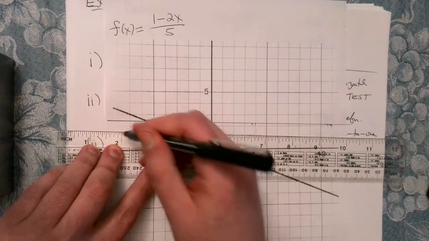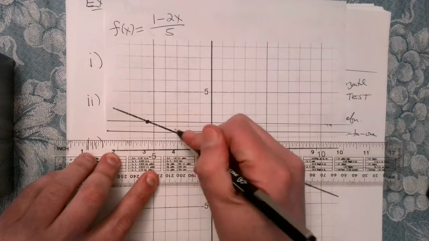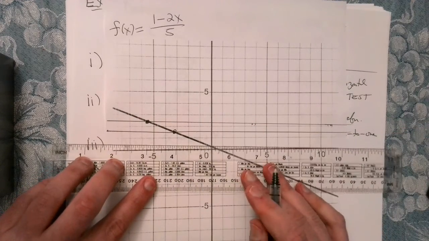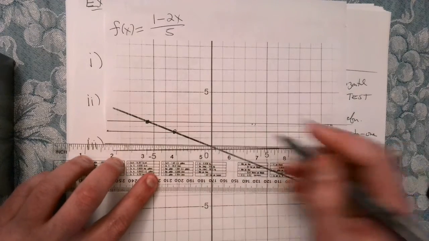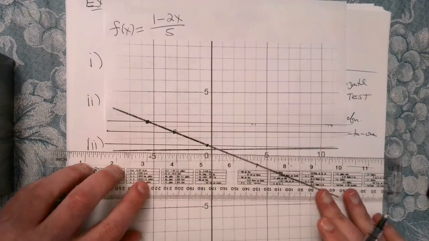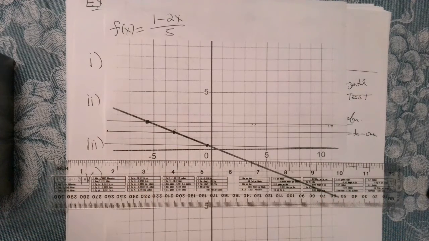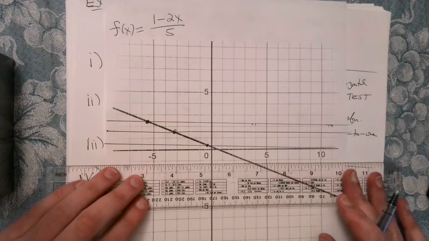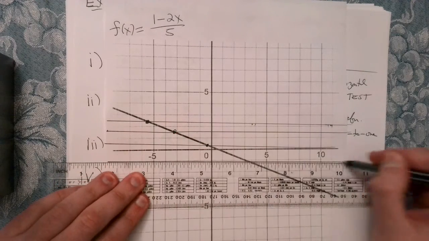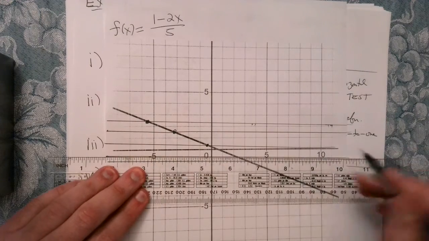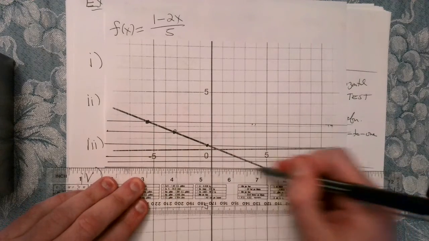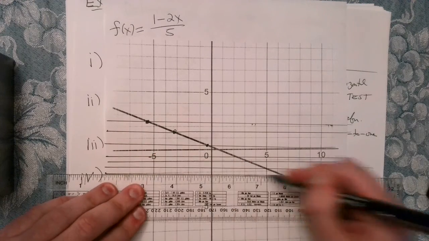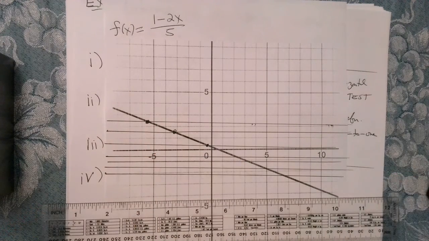And it has to be for any line I draw; I can't just skip a bad point in theory. But you'll notice that for any horizontal line I draw, that horizontal line intersects the graph at most once. When I say at most, what does that mean? It means no more than one time, so it intersects either 0 times or 1 time. So this certainly passes the horizontal line test, because every horizontal line one could draw intersects the graph at most once. That's letting me know that the function is one-to-one and thus invertible.